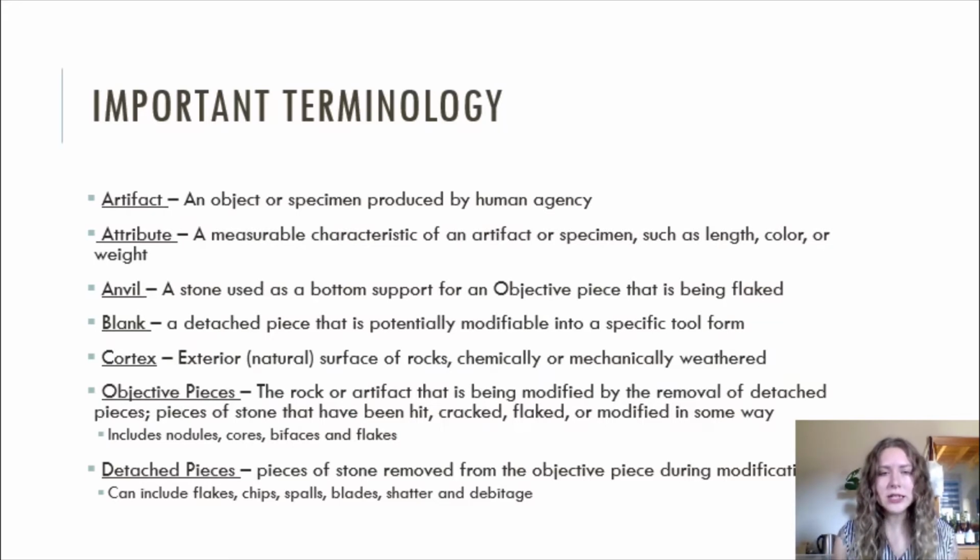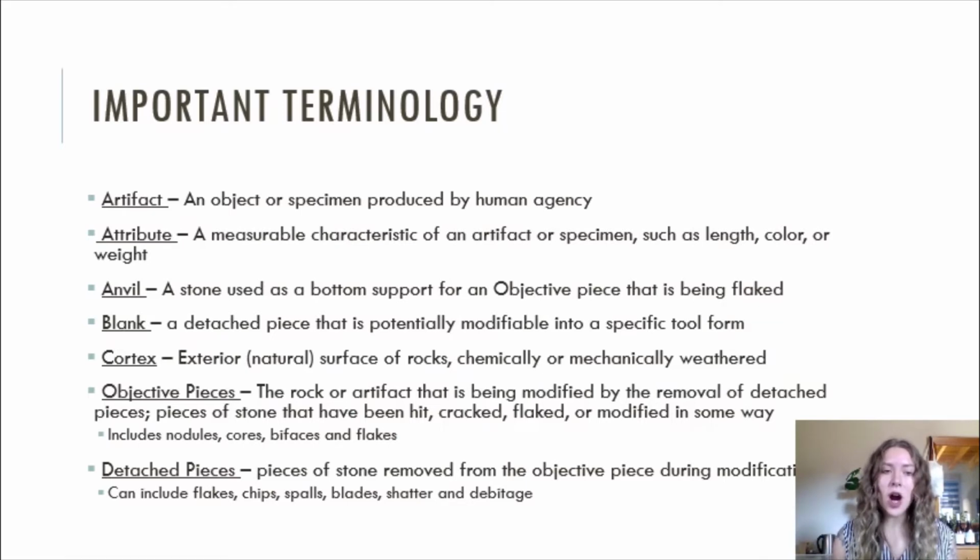And objective pieces are the rock or artifact that is being modified by the removal of detached pieces, pieces of stone that have been hit, cracked, flaked, or modified in some way. And so objective pieces usually are going to be cores, nodules, and sometimes even bifaces and flakes.